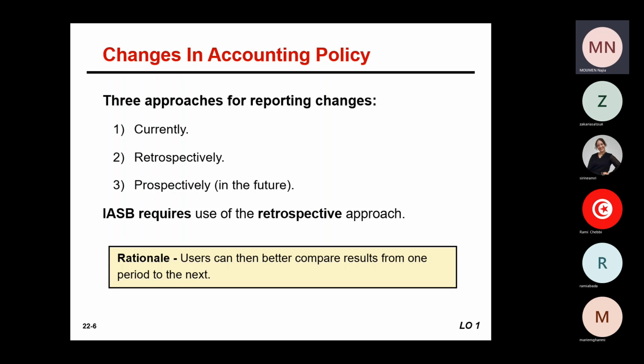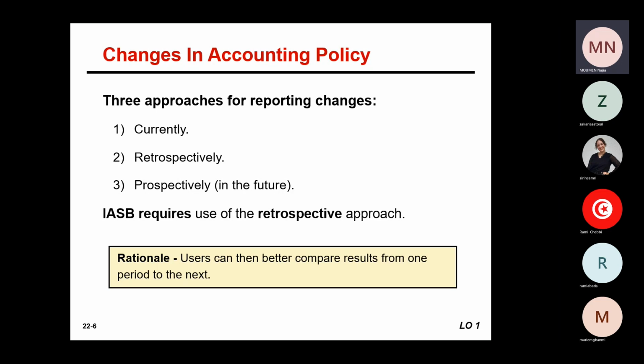The accounting consequence of that change is that we have to account for that change in the current period. Meaning, if that change occurred in 2022, as a firm I decided to change from the average method to the FIFO method. So now, in the financial statement of the current period of 2022, I will have to show my inventories no longer at the average cost, but at FIFO. That's the current approach.